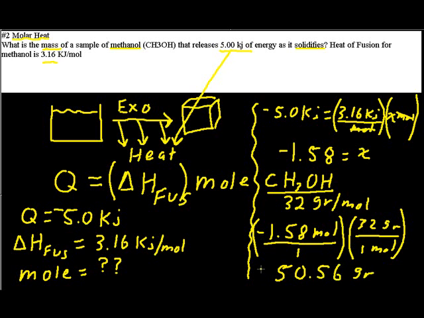Now again, the negative is there because it's telling me that the direction that the heat is moving is out of the system. So this is the amount of grams, which I cannot have a negative weight, but this is the amount of grams of methanol that underwent the solidification because 5 kilojoules of energy was released.